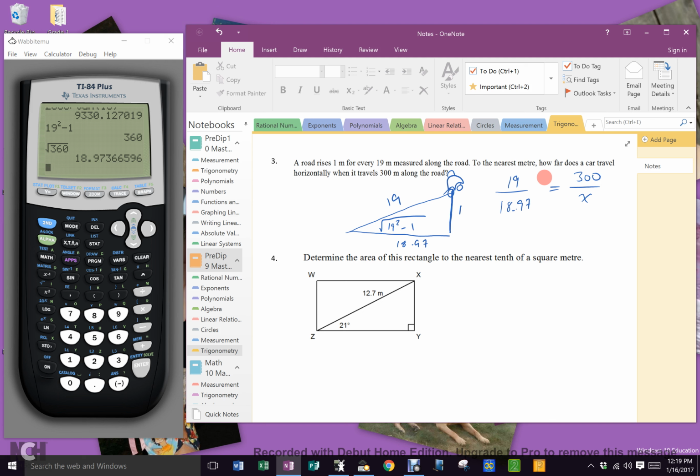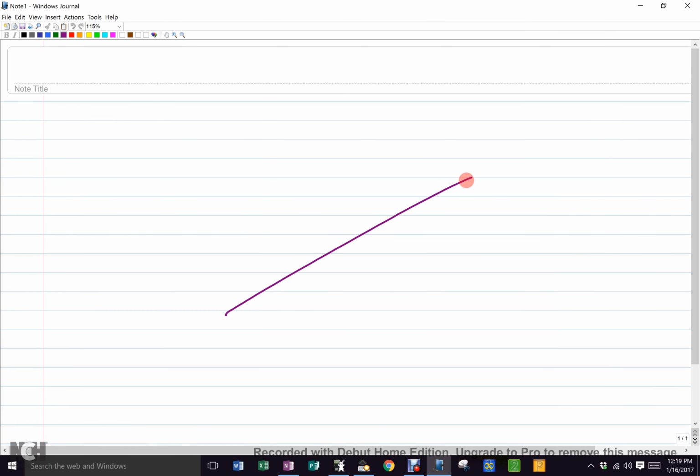Could we have solved this with Trig? Yeah. How? You have to do opposite divided by hypotenuse. This is the triangle I have, yes? 19, 1, right?